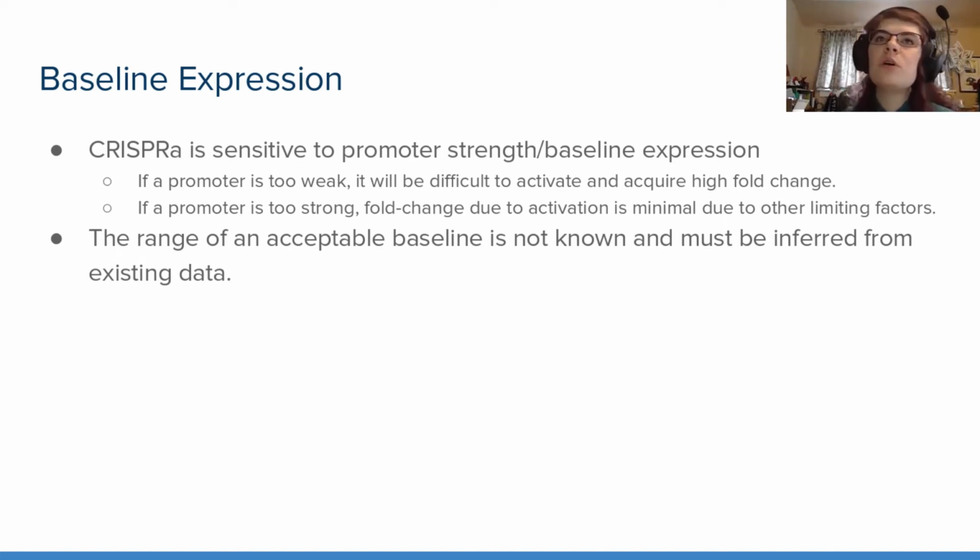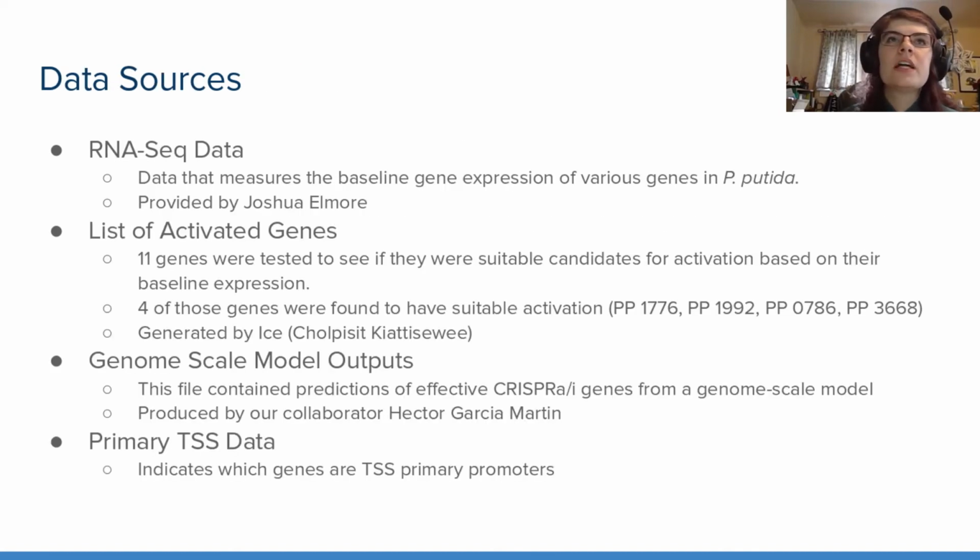But also if a promoter is too strong, then fold change due to activation will also be minimal. The range of an acceptable baseline is not known, and so we need to infer that from existing data.